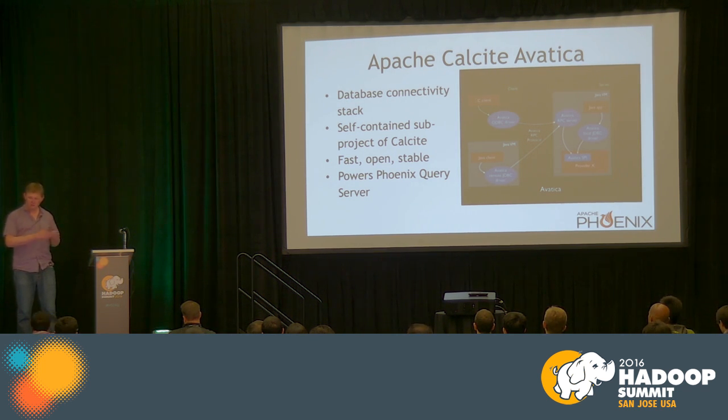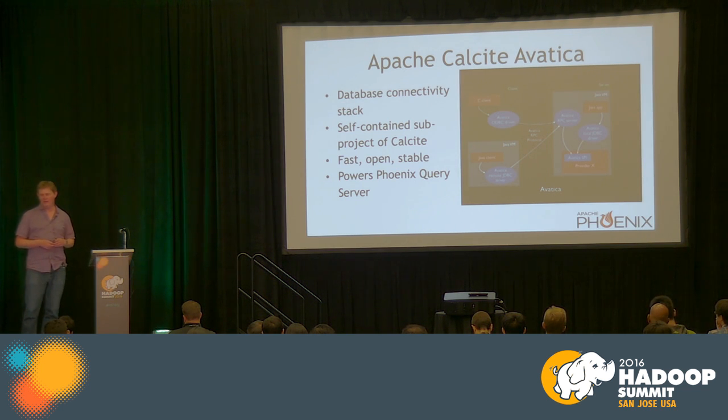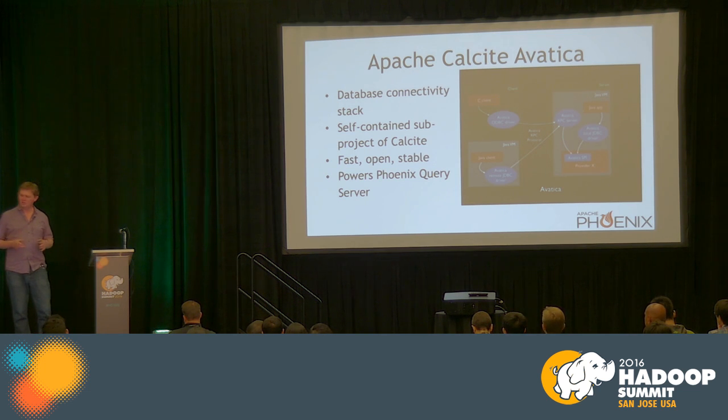There's currently no ODBC driver, but there's a JDBC driver, and people have contributed drivers in Go and .NET so that you can easily build a JDBC driver. And Avatica is already in Phoenix production, and it powers Phoenix Query Server.